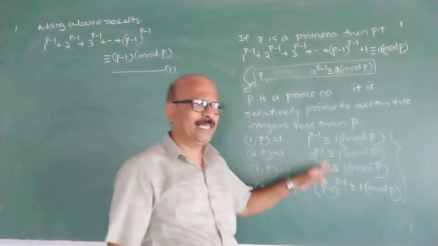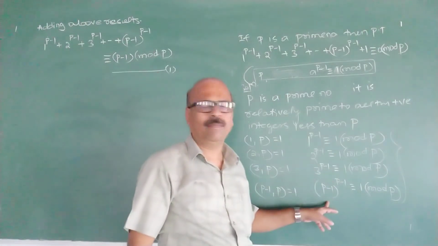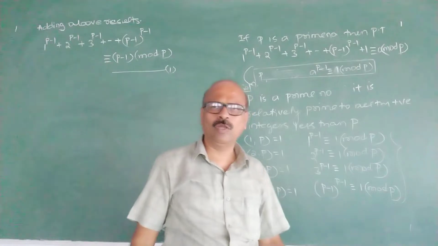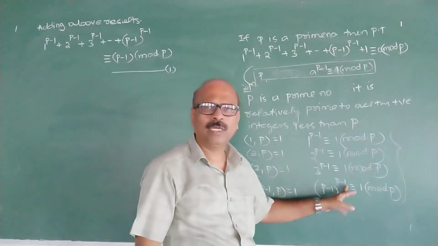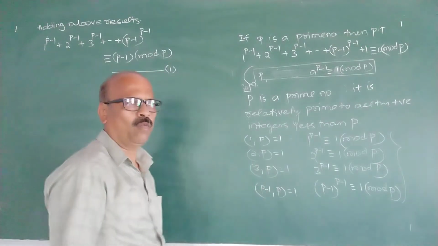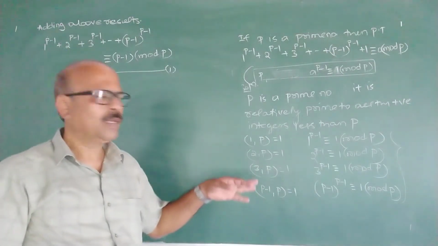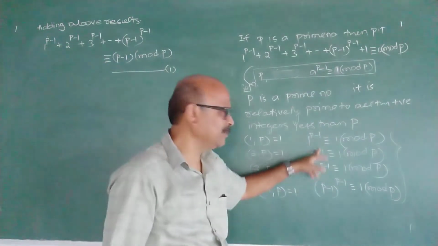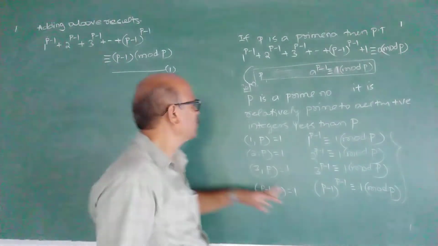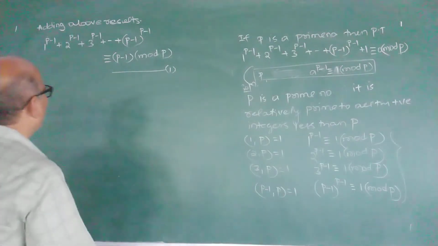We can add, because that is a property of congruence modulo M. We can add congruences modulo M like this. Here the right hand side is 1 plus 1 plus 1, how many times? p minus 1 times. 1 plus 1 two times is 2, three times is 3. How many times is it there? p minus 1 times. Therefore p minus 1 mod p.